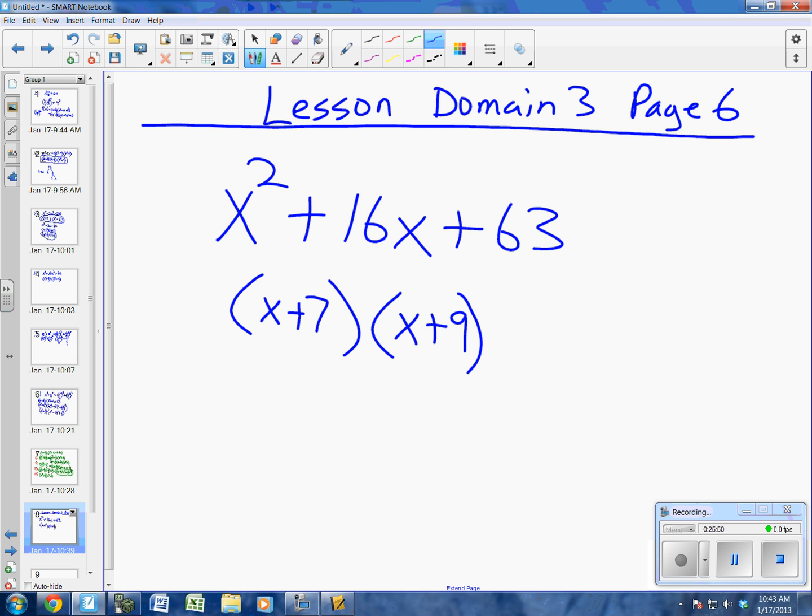Well, the only way you're going to get a positive number when you multiply two numbers together is if they're both positive or both negative, right? A positive 7 times a positive 9 is a positive 63, and a positive 7 plus a positive 9 will add up to 16. If they were both negative, negative 7 and negative 9, they would add up to a negative 16, and that would be a minus sign right there. So since I knew that was plus, I knew they had to both be positive. Does that make sense?